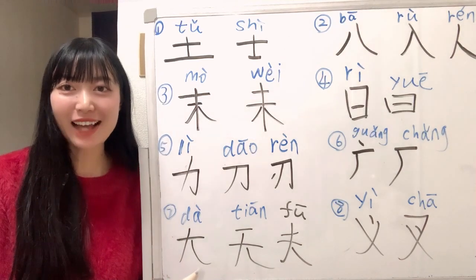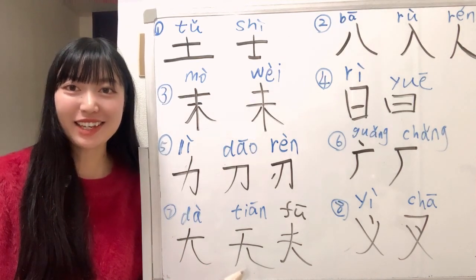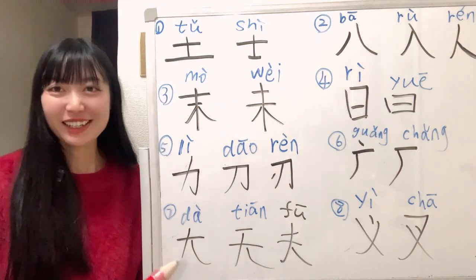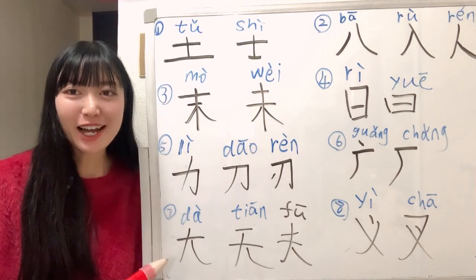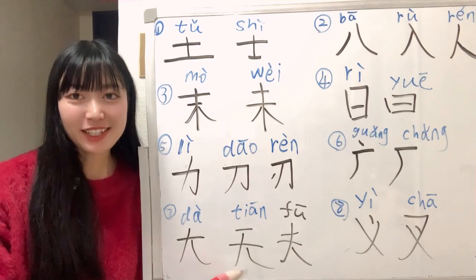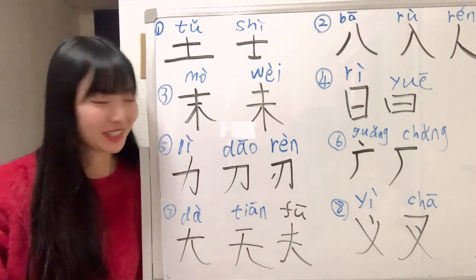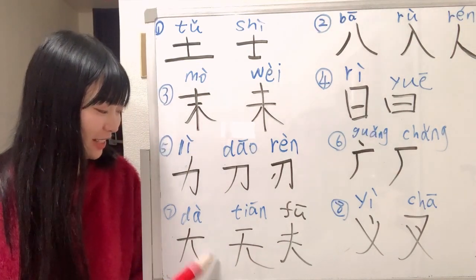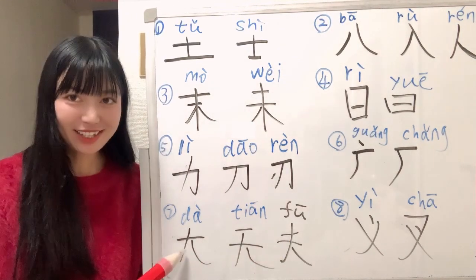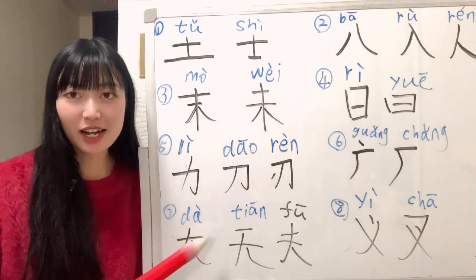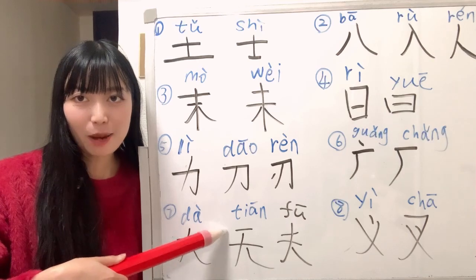Okay, let's see the next group. 大 天 夫. They're so similar, right? 大 means big. 天 means the sky. 夫 means the man. You can see the difference between 天 and 大 is just here, the up line.